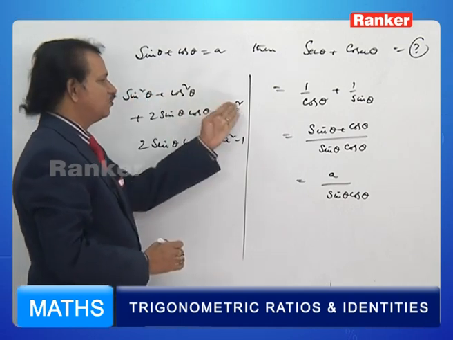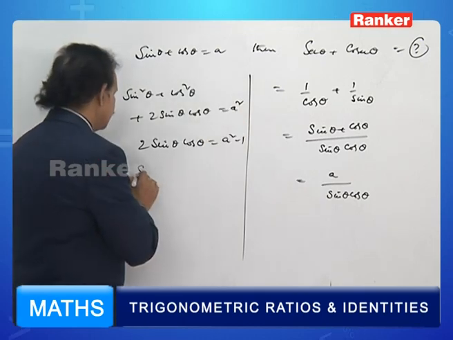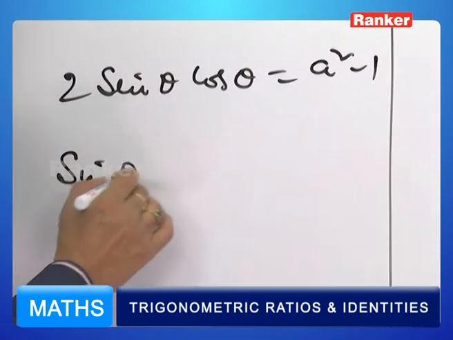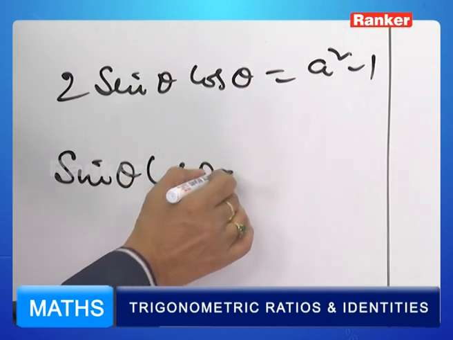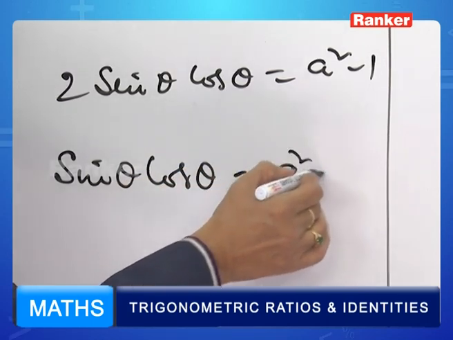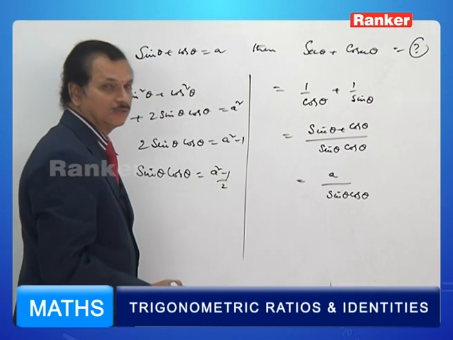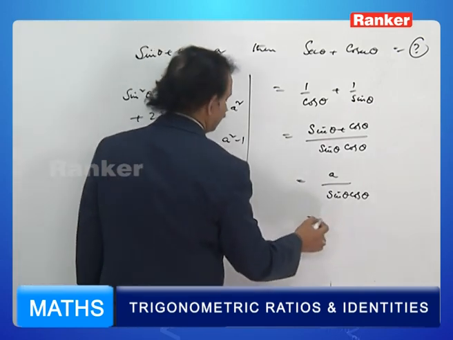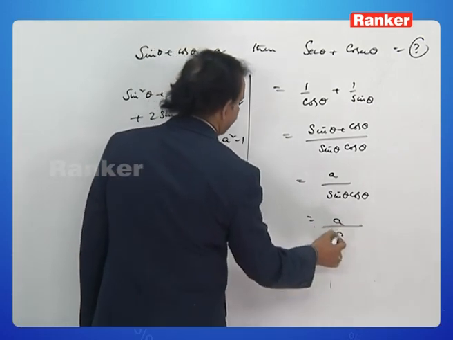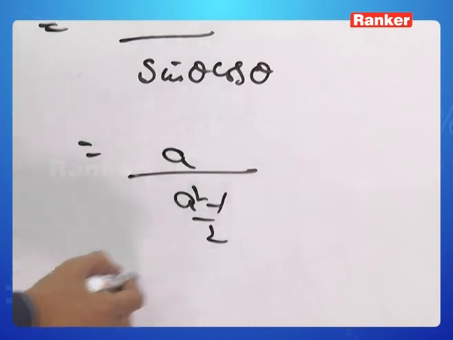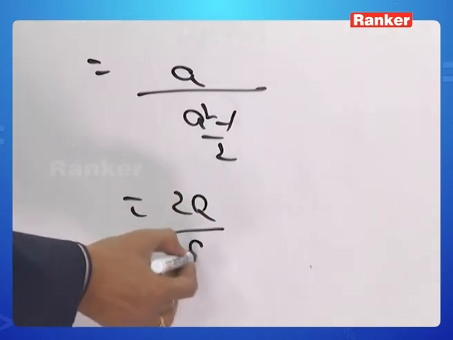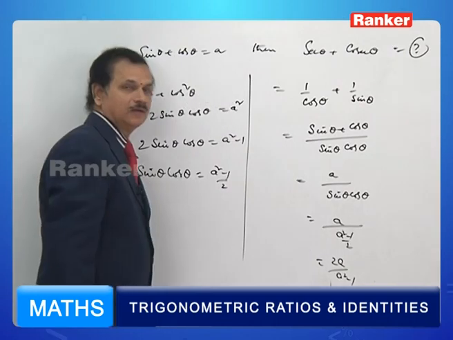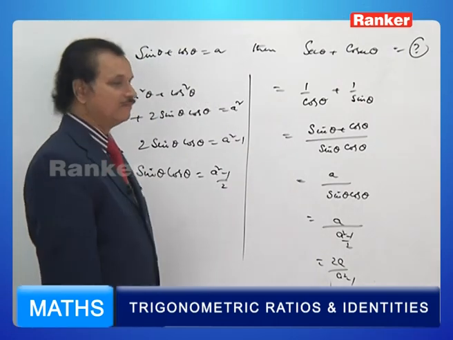I have sent that 1 to that side. From this, in the place of sin theta cos theta, what can you have? A square minus 1 by 2. So this is A by A square minus 1 by 2. It's nothing but 2A by A square minus 1.